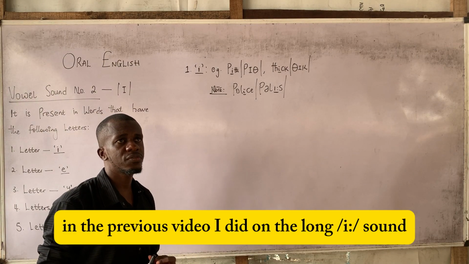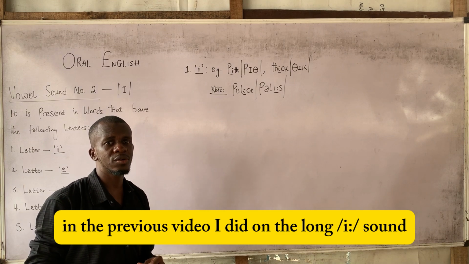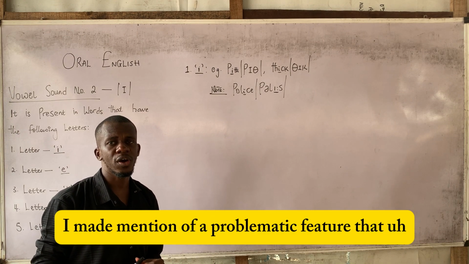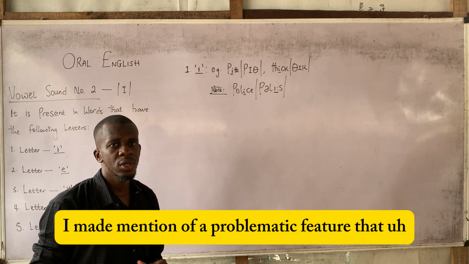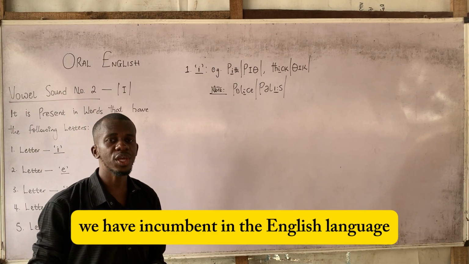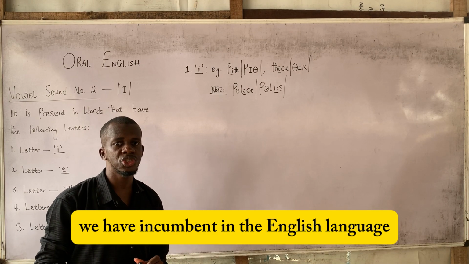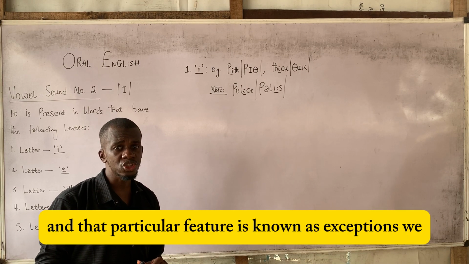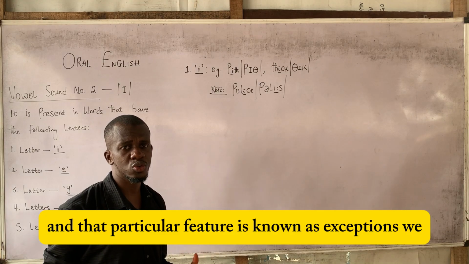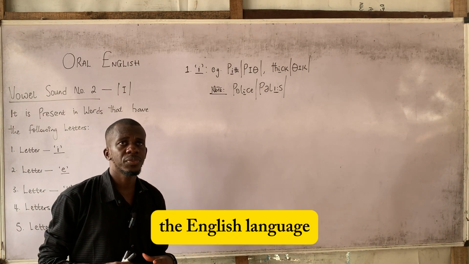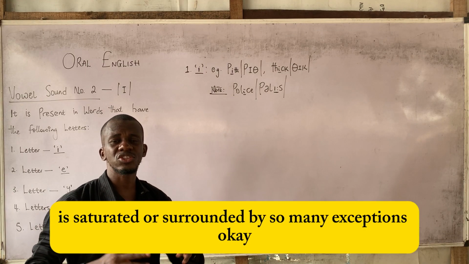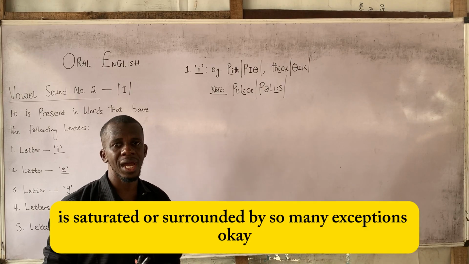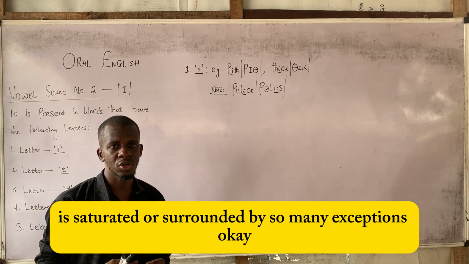In the previous video I did on the long E sound, I made mention of a problematic feature that we have incumbent in the English language, and that feature is known as exceptions. The English language is saturated or surrounded by so many exceptions.